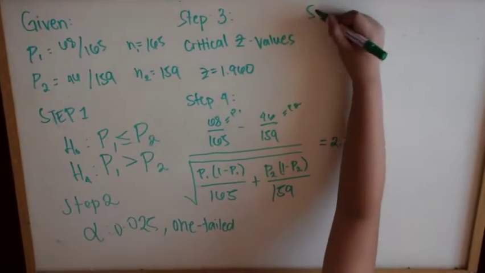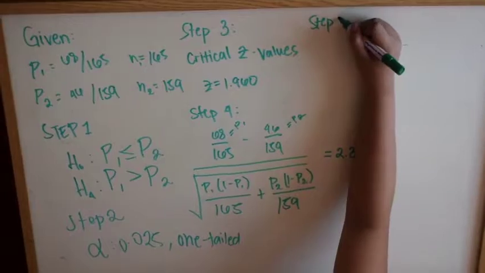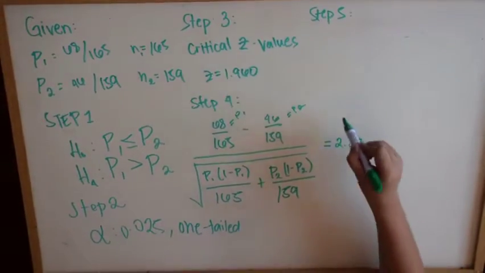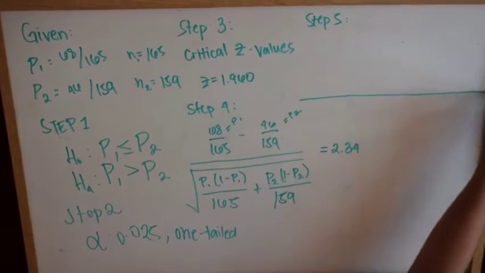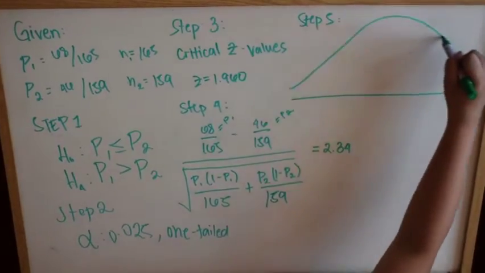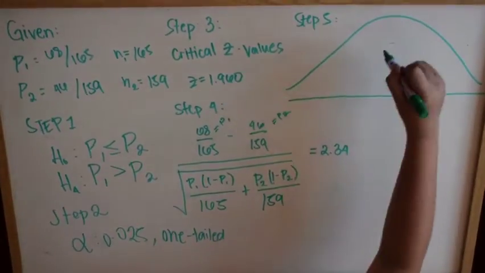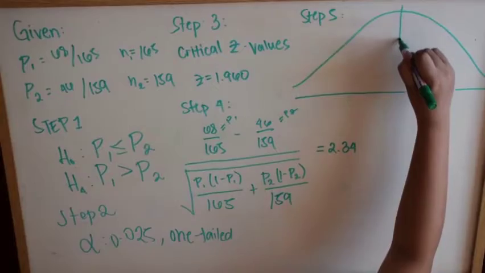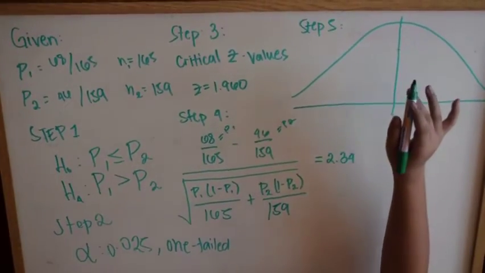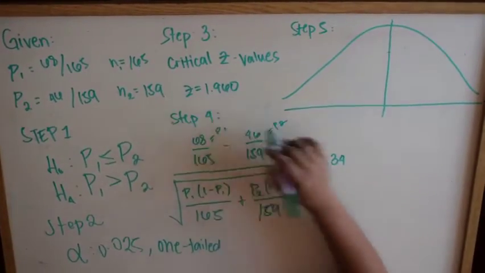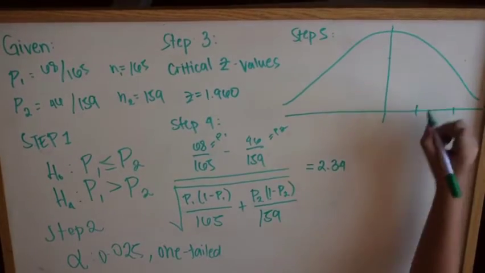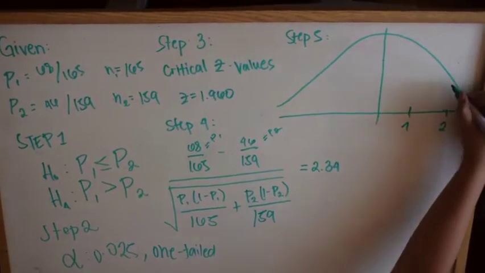So let's proceed to step 5, which is to input the values in the standard distribution curve, just like the other problems that we have done. We need to locate our critical z values, that is 1.960.